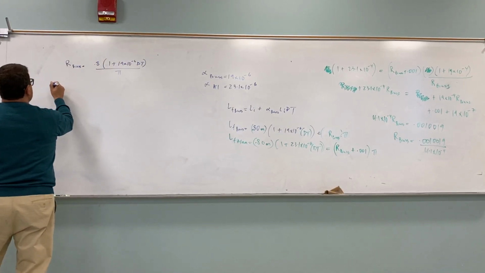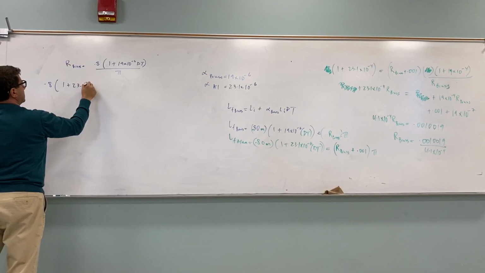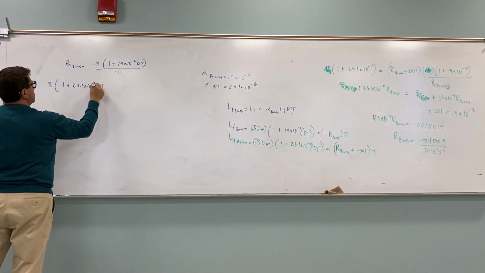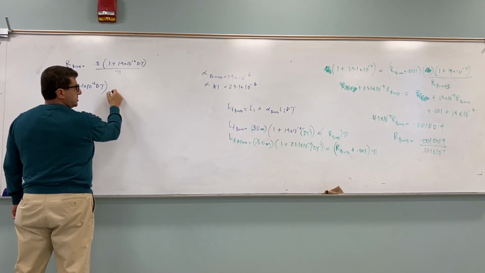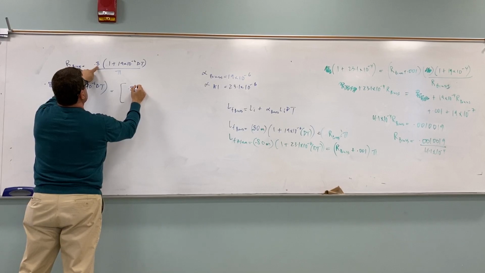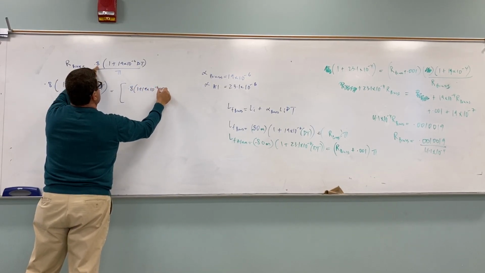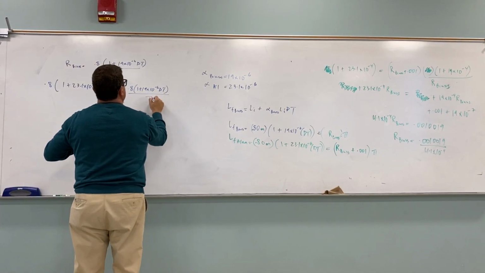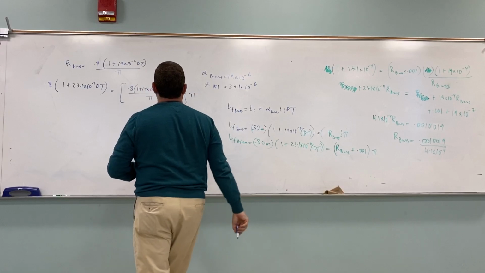So then you can say 0.8 times 1 plus 23.1 times 10 to the minus 6 delta T is equal to this thing, times pi.